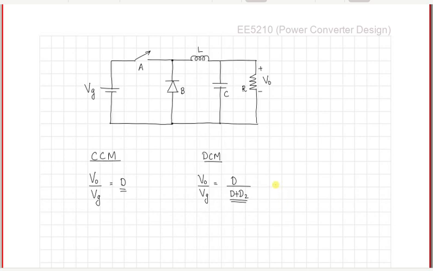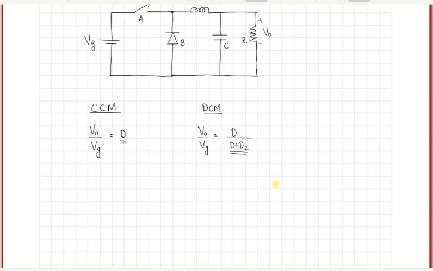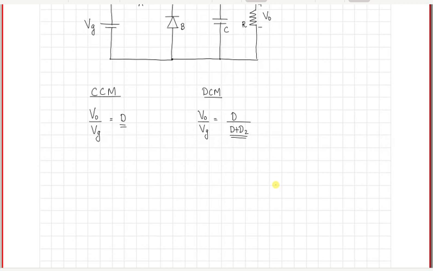So then we also looked at the boundary between this CCM operation and DCM operation. That is the case where the current just touches zero, and we analyzed this particular operating mode to figure out what is the point or the region where the converter operation switches from CCM to DCM, right?